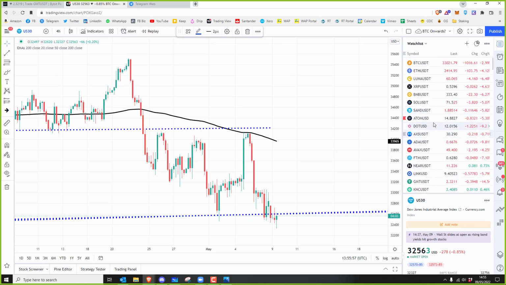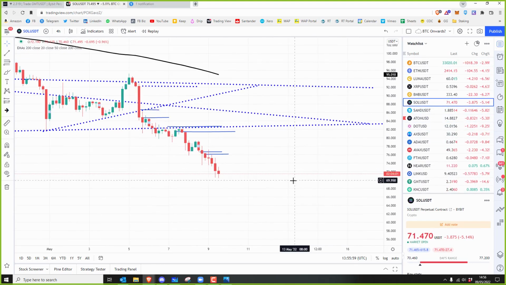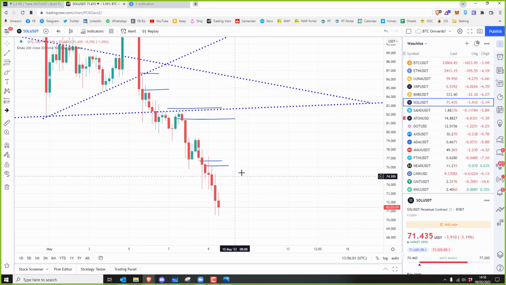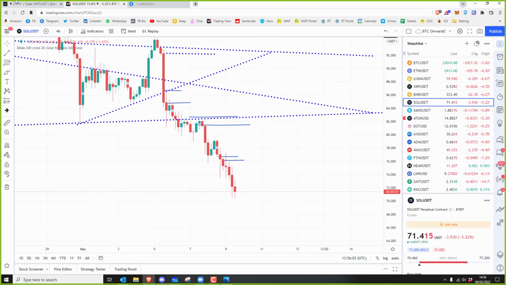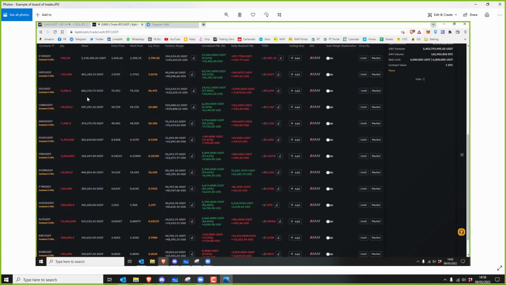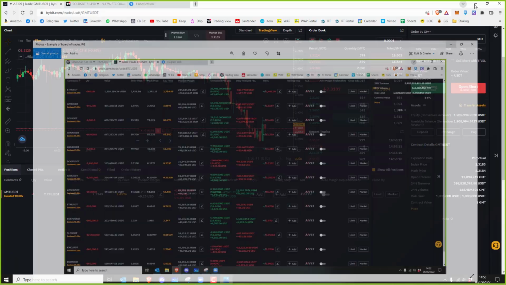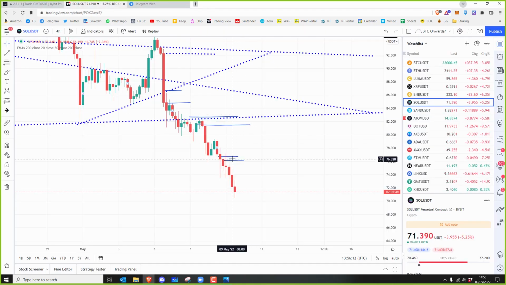So for example, if we look at Sol, oh, actually, sorry, I can't help but look at the markets. So where's Sol? There we go. Where were we? We shorted it at 73.91. Let's just put this 73.90, something like that.